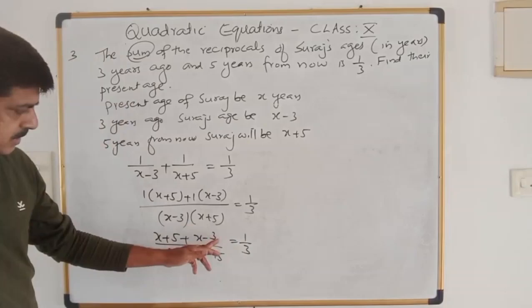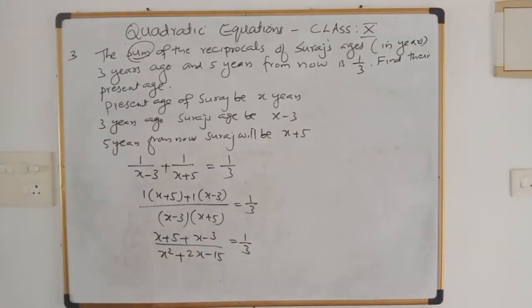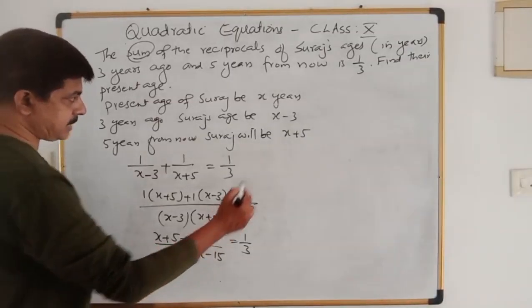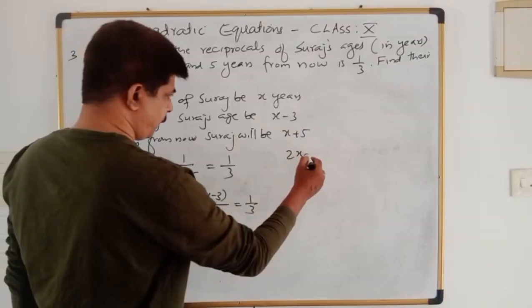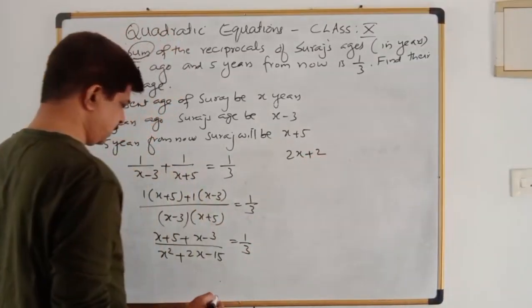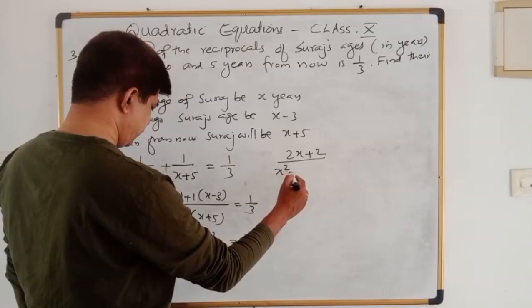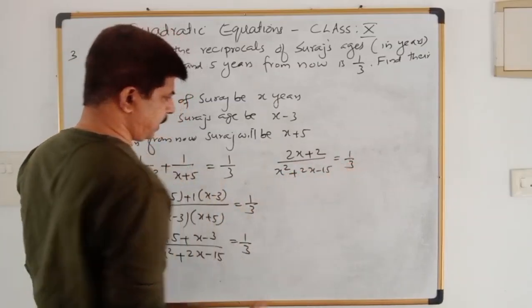Still we have to do some more cross multiplication. Before the simplification part, in the numerator x and x gives 2x, and 5 minus 3 gives 2. The denominator is x square plus 2x minus 15, equal to 1 by 3.